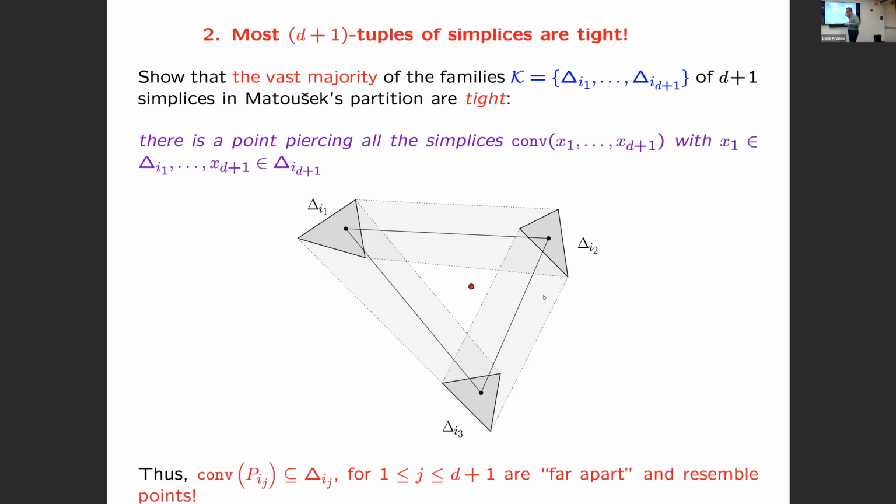So basically, they must be sufficiently apart so that if we look at all the convex hulls of subsets of size d of them, and we look at the union of these convex hulls, say here we're looking at the convex hulls of pairs, then there must be a hole that is not covered by any of these partial convex hulls.